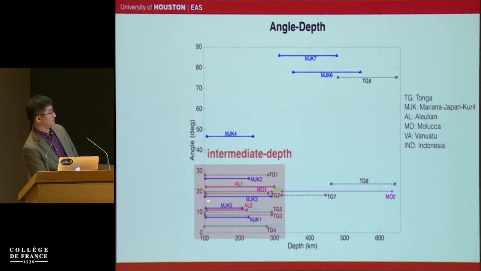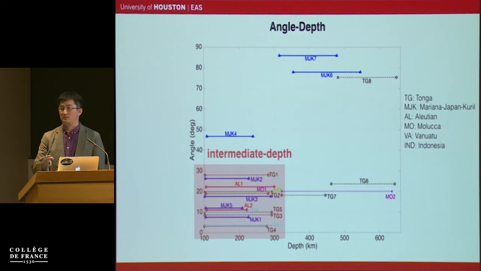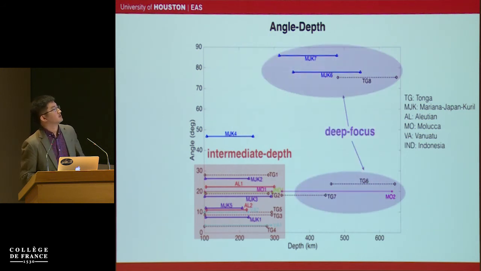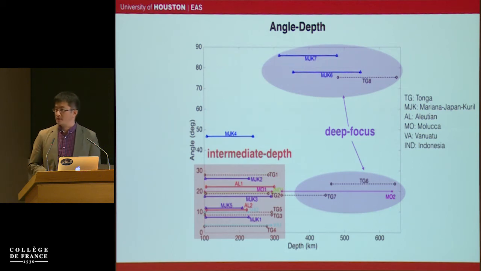It's quasi-perpendicular, between 0 and 30 degrees, which means the symmetry axis is at most 30 degrees away from the slab normal. For deep focus, we have 6 cases. Three deep focus groups have their symmetry axis perpendicular to the slab, but the 3 others have the symmetry axis sort of parallel to the slab, which is very similar to the previous talk, which had this layering.